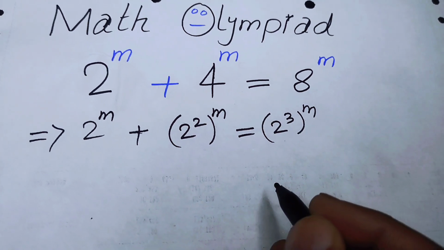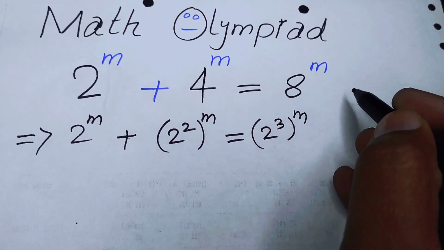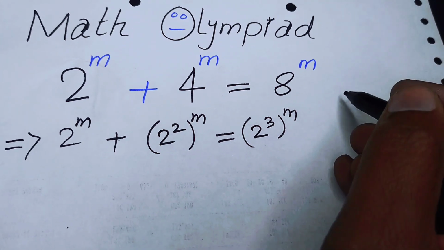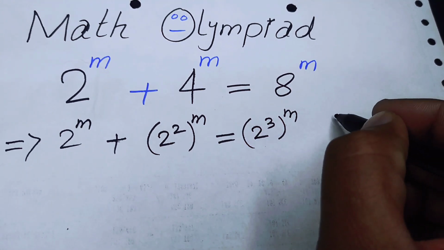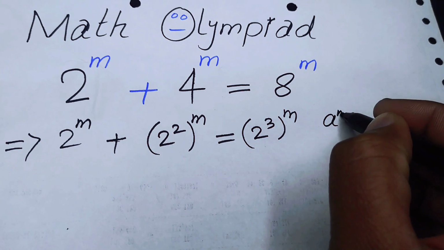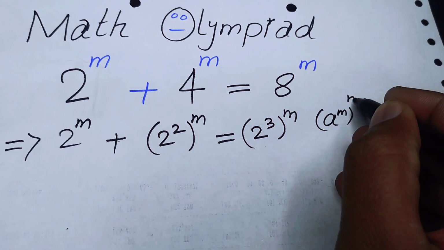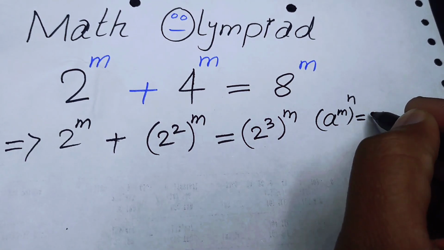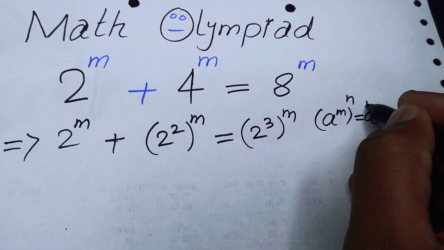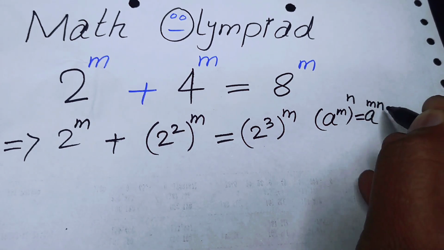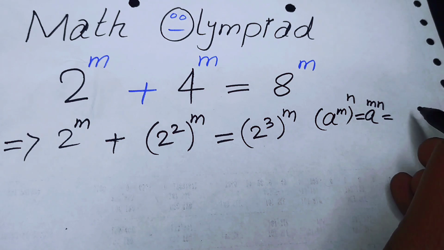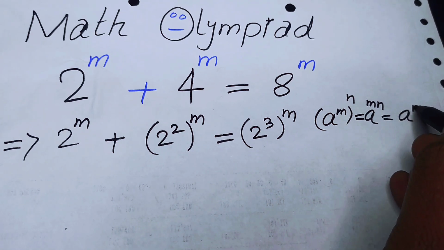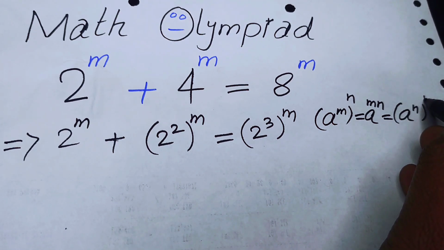After that we can apply the famous exponent law. You know that if we have a to the power of m to the power of n, then it is equal to a to the power of m times n, which equals a to the power of n to the power of m.